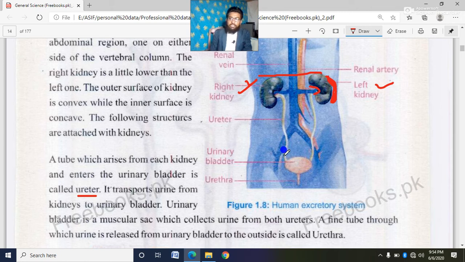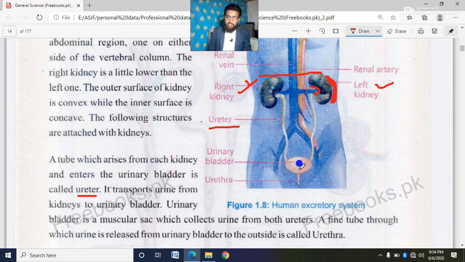An arrow is pointing to the ureter, and these tubes are labeled as ureter.